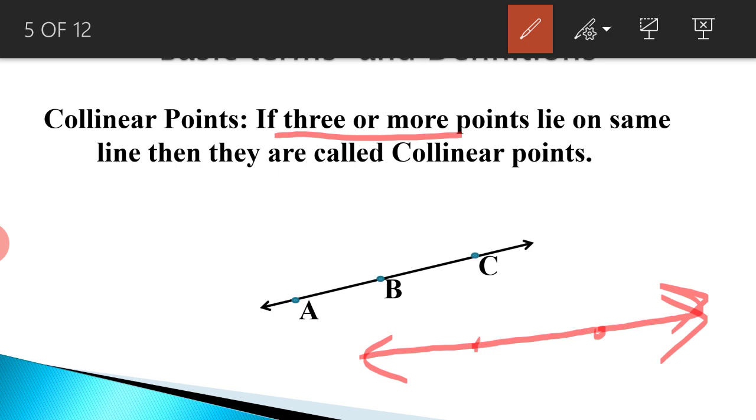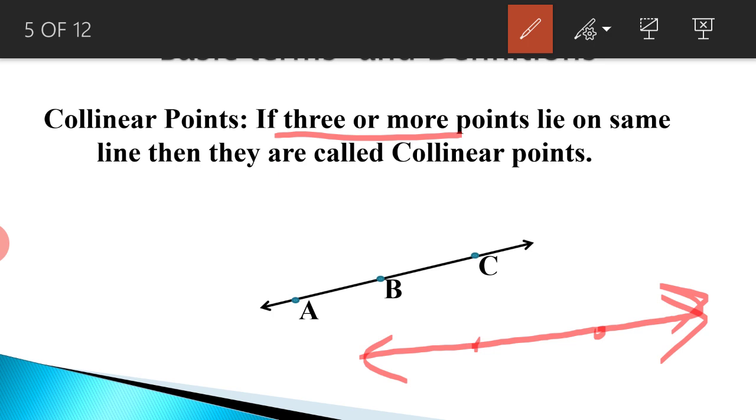There are infinitely many lines, so there is no question of collinear. So for defining collinearity, we talk about minimum 3 points or more, because 2 points are always collinear. They are collinear by default.